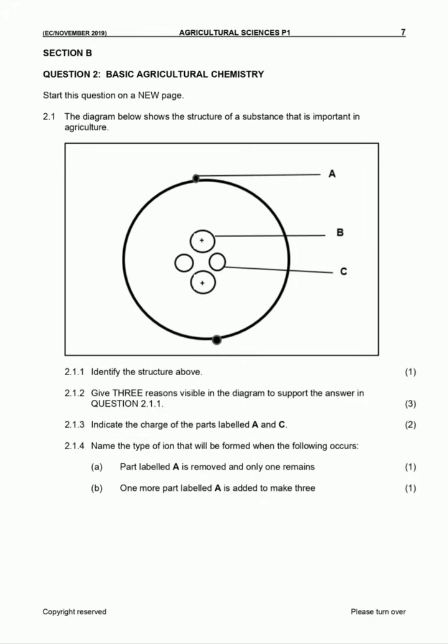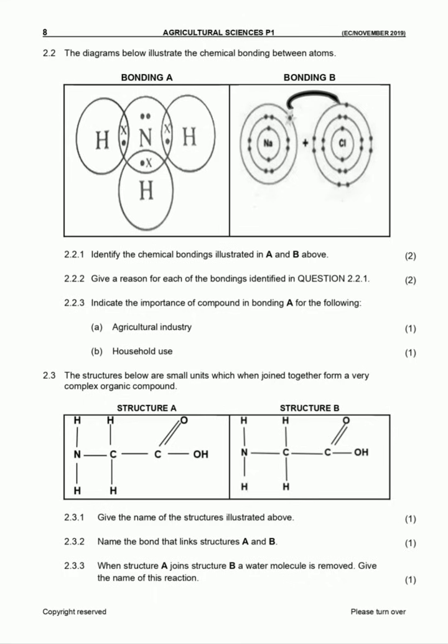Then if we add 1, we are left with the anion. Fine, let's continue. 2.2, the diagrams below illustrate the chemical bonding between atoms. Identify the chemical bonding illustrated in A and B. So look at them. This takes us back to the question that we have just answered.